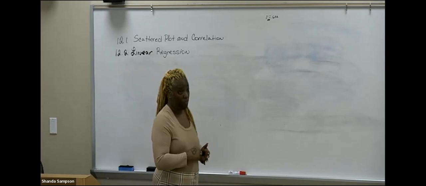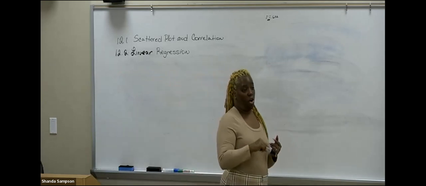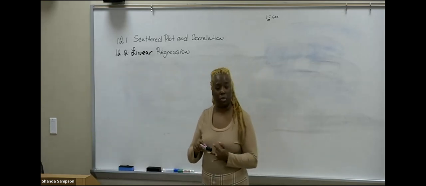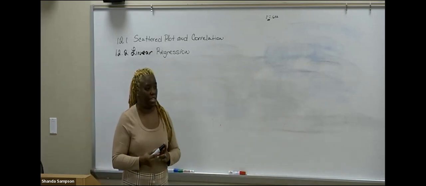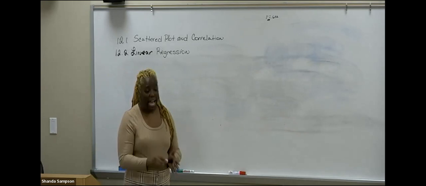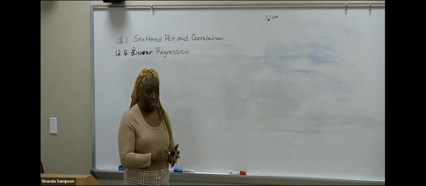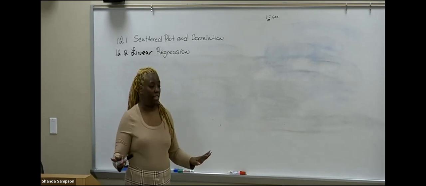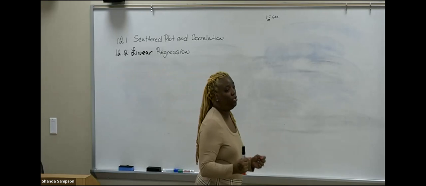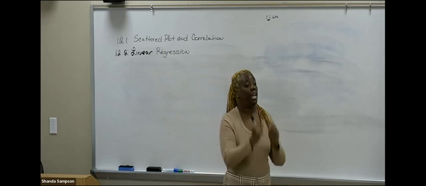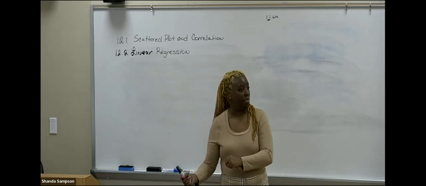Now, you can find out R, you can find out R squared, and then you can find out if it's statistically significant. If it is not statistically significant like our last one, you can't find a linear regression line. So there would be no linear regression line. So the answer to "is it statistically significant" has to be yes for you to do the next step.